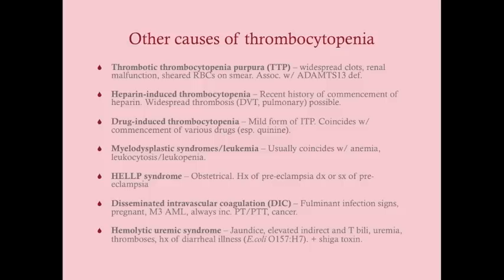Myelodysplastic syndromes and leukemia are associated with thrombocytopenia. What you're also going to look for here is an anemia and a leukocytosis or a leukopenia. This particularly happens with leukemia, where usually you see a classic triad in which all your blood cells are disturbed. Your red blood cells are disturbed, that's going to be an anemia.